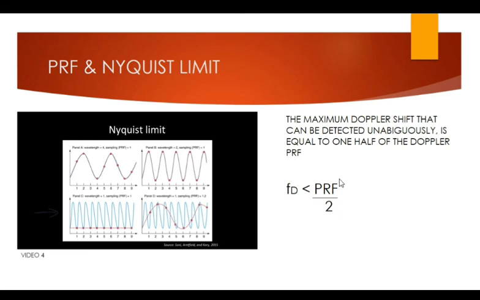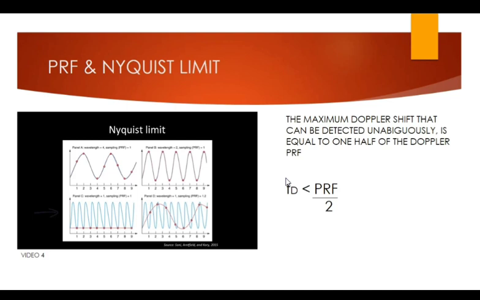Okay, so what we can remember from this is, when you look at your spectral display, you'll have your velocity on the side, and whatever that limit is, say you've got it set at 100, once the blood velocity goes over that, you've exceeded your Nyquist limit.